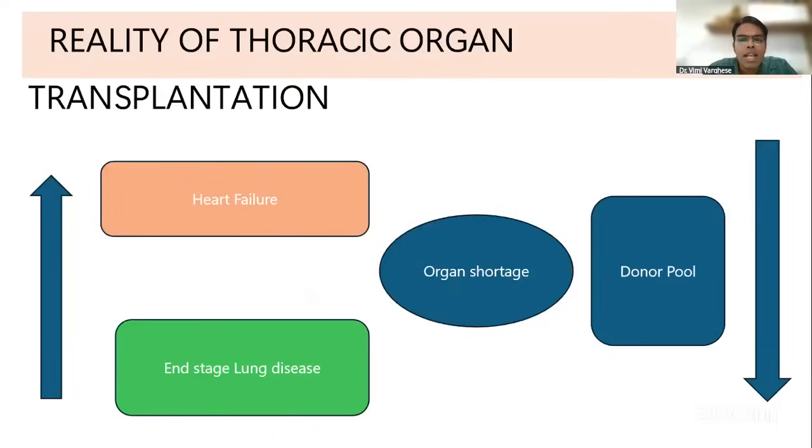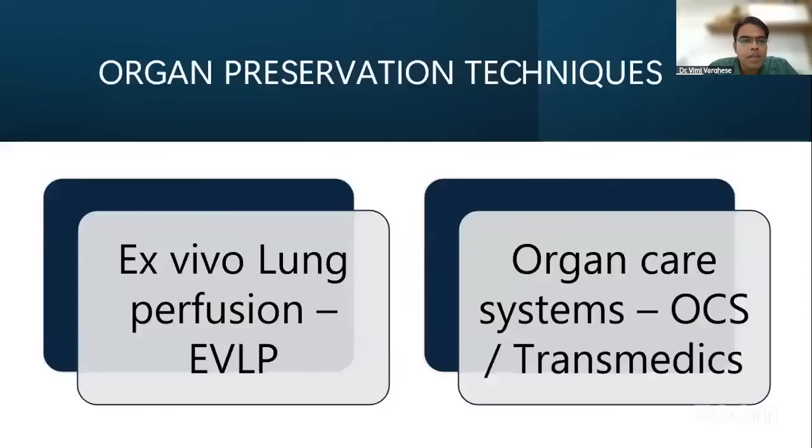So there is really a shortage of organs being utilized for transplant, especially from a heart and lung transplant point of view. Now we have different mechanisms for organ preservation. For lung we have something called ex vivo lung perfusion or EVLP, and we have something called an organ care system or OCS for heart.